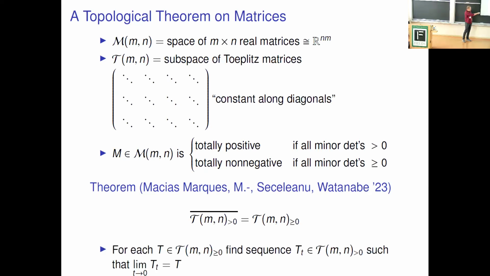What's not clear is the reverse containment, which amounts to saying that every non-negative Toeplitz matrix is the limit of a sequence of positive Toeplitz matrices. The real question is, how can you cook up such a sequence for a given non-negative matrix? If you just sit down and try to fuss with it and put parameters in your matrix, it's quite tricky because you have to make sure that you get all the minor determinants positive. So before I talk about the proof, let me give some previously known results.